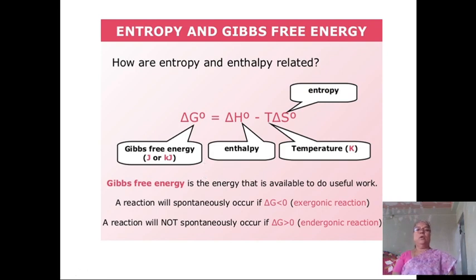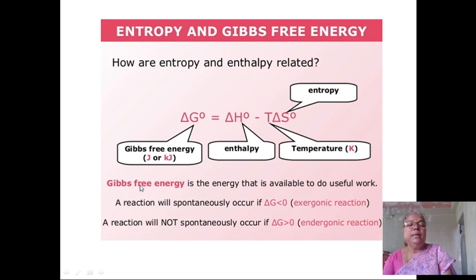Again, all of you know the change in Gibbs free energy. It is given by the equation delta G equals delta H minus T delta S. Here, delta G is the Gibbs free energy, delta H is the enthalpy function, and T is the temperature. The product of entropy and temperature measures the unavailable energy of the system.